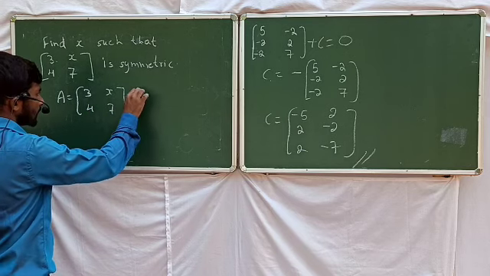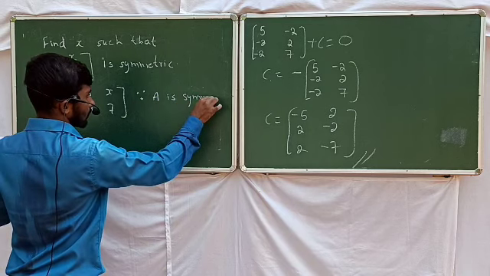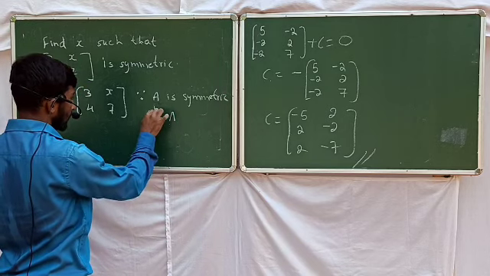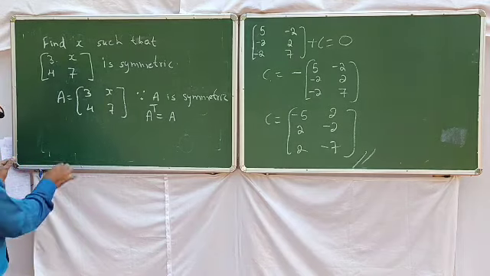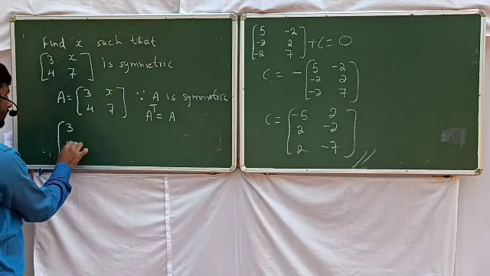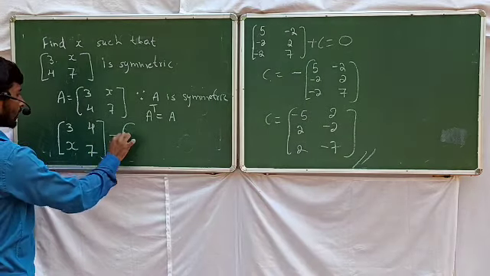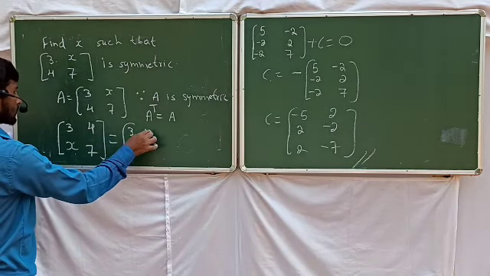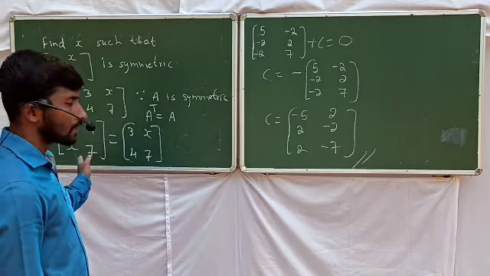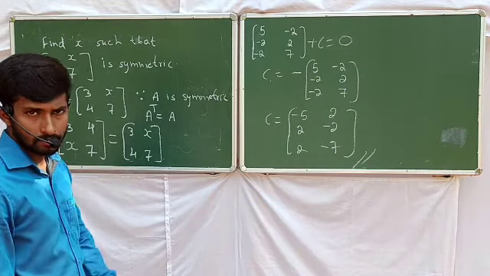Okay. So I am considering A is equal to [3, x; 4, 7]. Since A is symmetric, what's the condition? A transpose is equal to A. What is A transpose here? Take the transpose of this matrix. Now see, two matrices are equal, order is same and also their corresponding elements are equal.